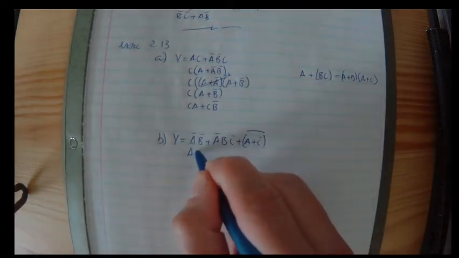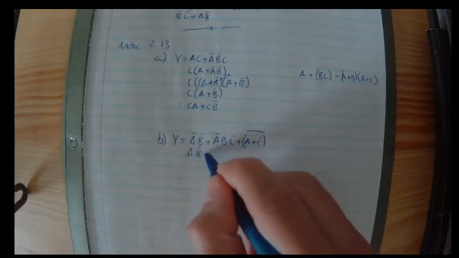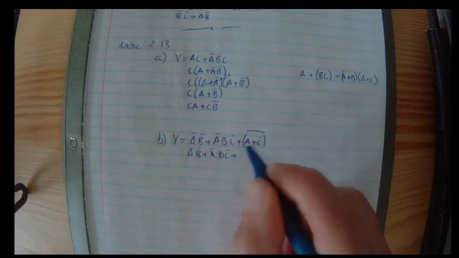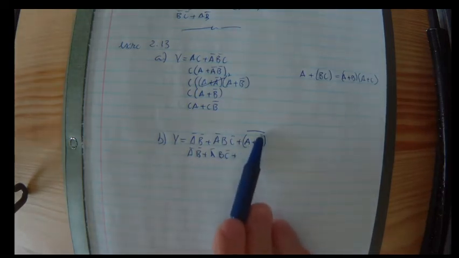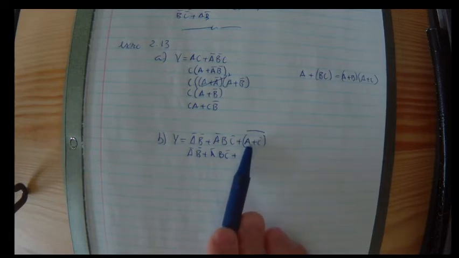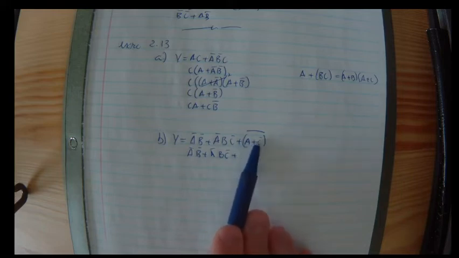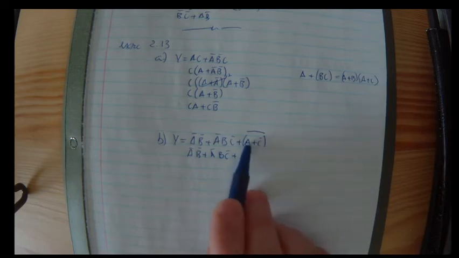So I'm going to repeat here: complement of A, complement of B, or complement of A, B, complement of C, or, and in this case De Morgan's theorem says that if we have an OR operation complemented, it can turn into an AND operation, with the complements separated over each component.